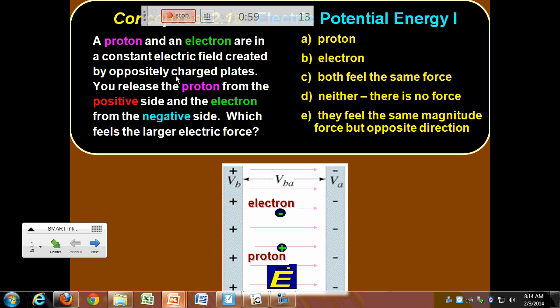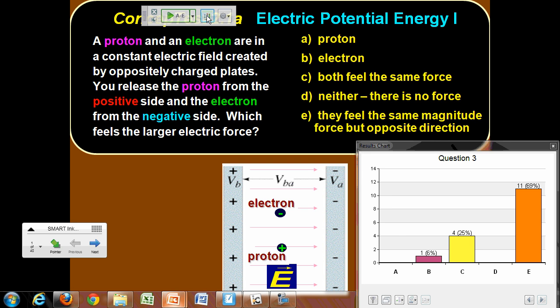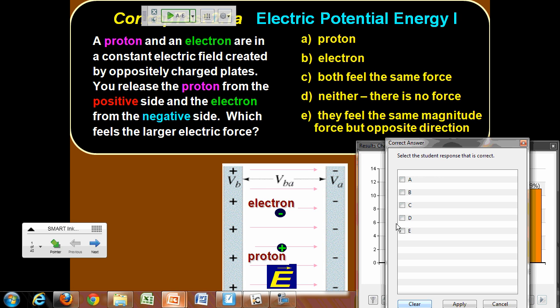Stop at 105. Very good. That's the right answer. This sort of goes back to chapter 1, right?